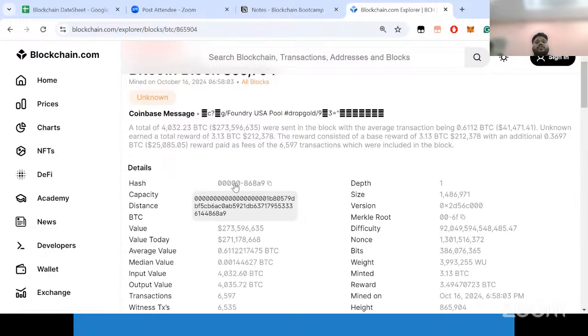Just like your fingerprint is your unique identity, in the same way every block here has a digital identity associated with it, and that is what we call the hash. So basically, the hash is the digital identity for a particular block. With that, you can move forward. That is the purpose of the hash.